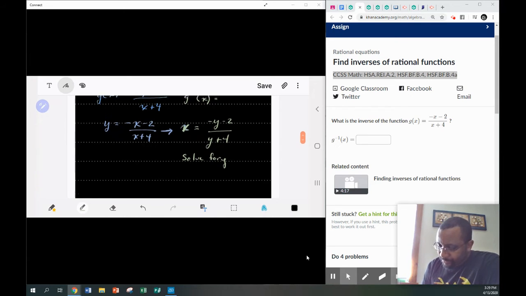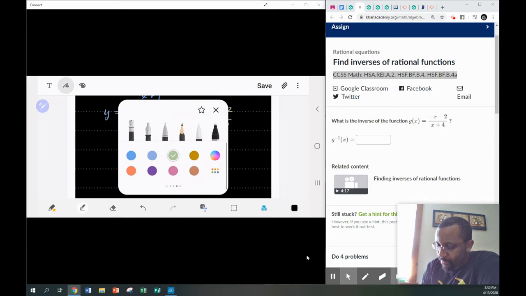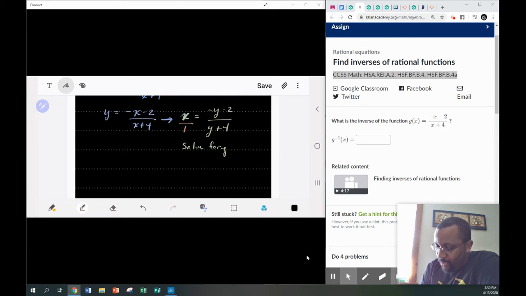Just like we were doing before, and this is how it connects with the long division stuff, I strongly recommend maybe using cross multiplication as your method here. Think of that as being over 1, and you could totally cross multiply. So you're going to end up with x times y plus 4 equals negative y minus 2.